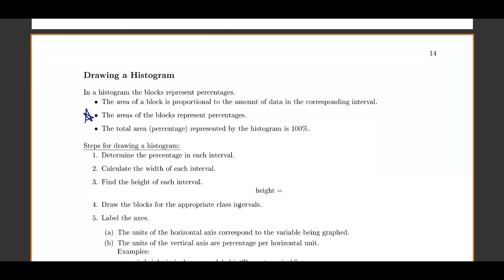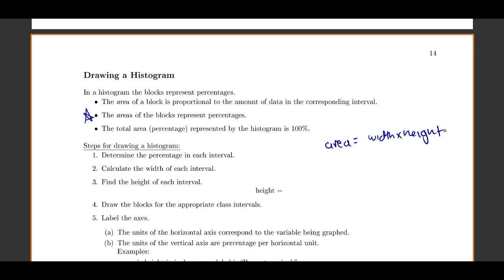So let's go through our steps for drawing the histogram. First, we have to determine the percentage in each interval. Then we calculate the width of each interval, and then we need to find the height of each interval. Now when you think about it, for a rectangle we know that area equals width times height.